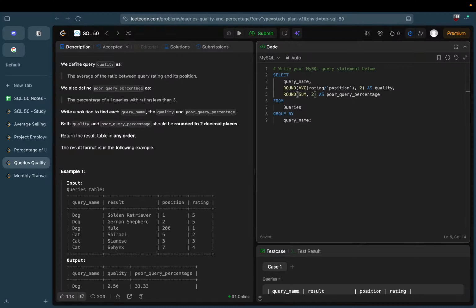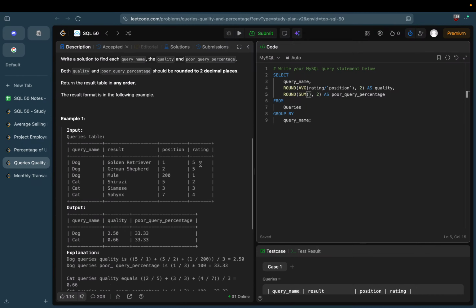Let's do a sum over here. We only need to sum the numerator if the rating is less than 3. So I can use an if condition. If rating is less than 3, then sum up a 1, that is count numbers, otherwise don't count them.